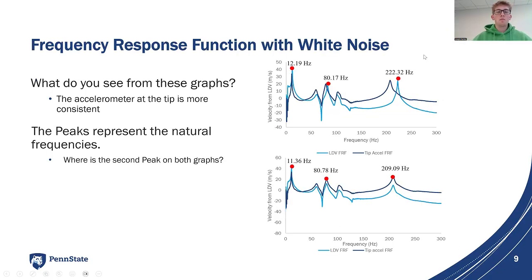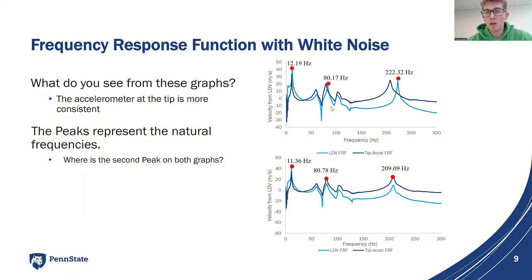Next, we had the machine run white noise to vibrate the beam at certain hertz ranges based off of our theoretically calculated versions. Whenever there's no tip mass added to the beam, they are shown in this top graph with the peaks representing the natural frequencies.